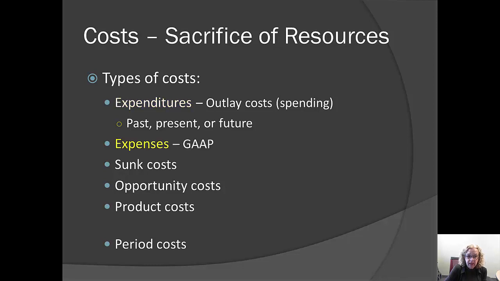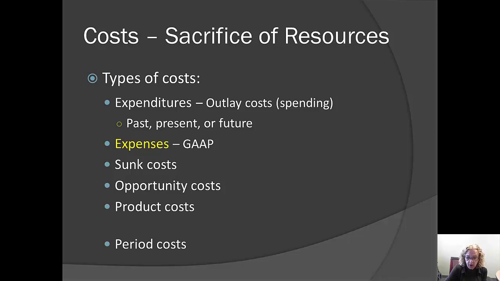Now, that's slightly different from the concept of an expense. Expenses relate to GAAP. Generally accepted accounting principles require that we follow the matching principle, which says that we have to match our expenses to the revenues that they help us to generate.